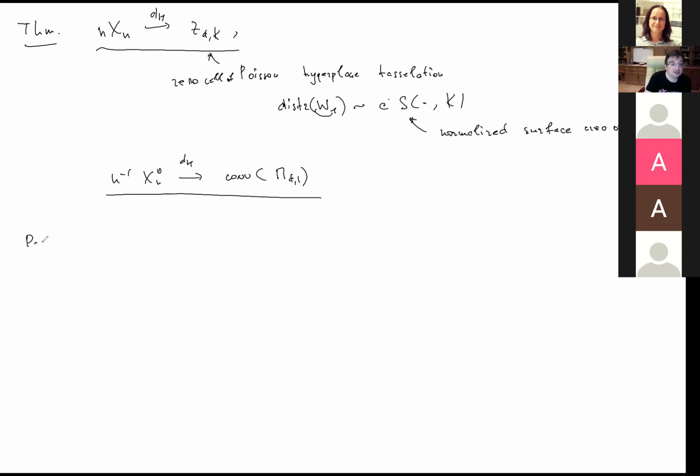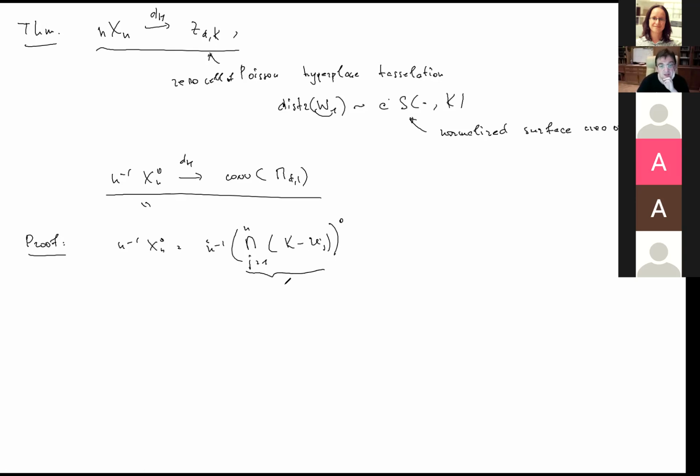And a short explanation of this, just a one-minute explanation. So what is this object? This is n minus 1 Xn, with the intersection of n minus 1 times K minus Uj, j from 1 to n, and we need to take a polar of this.